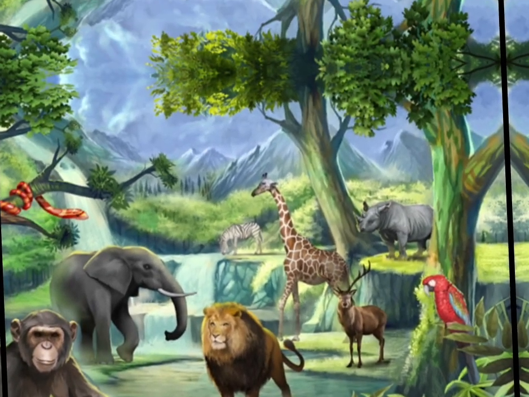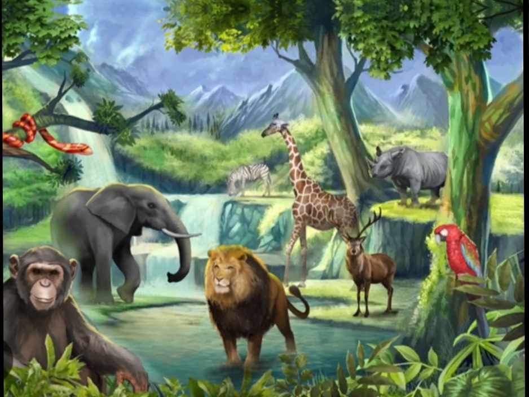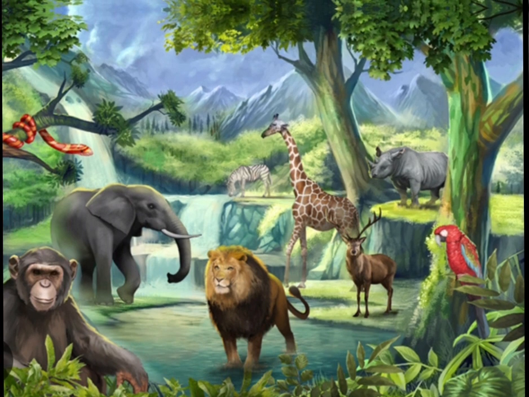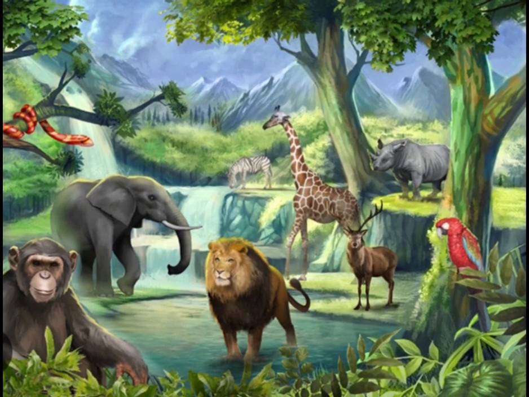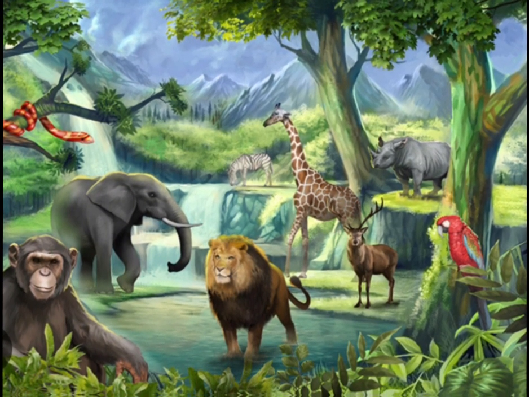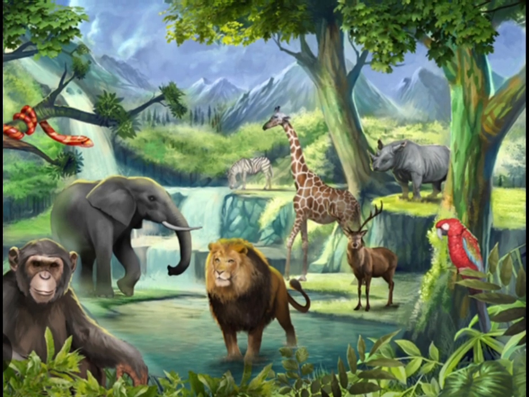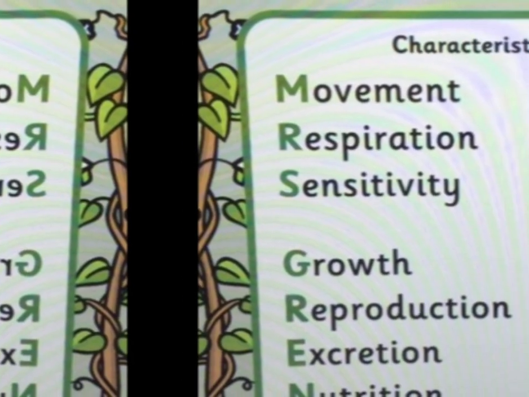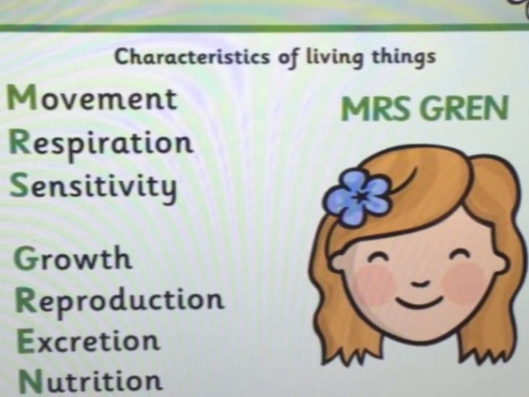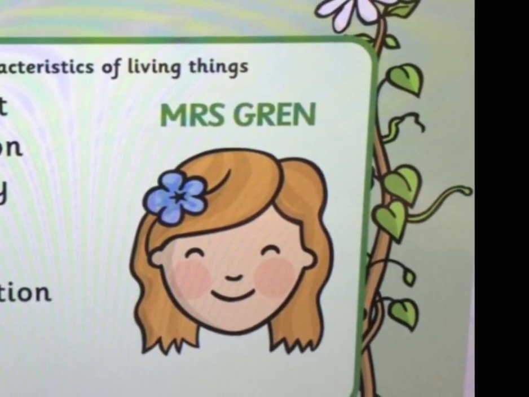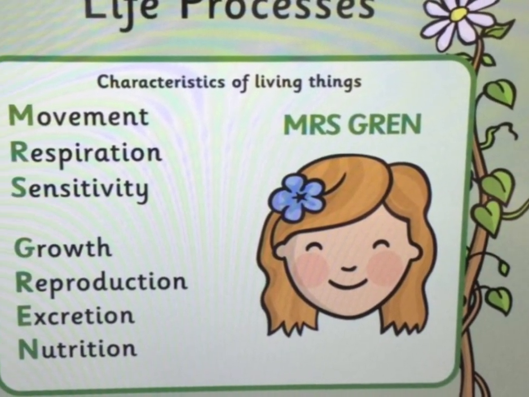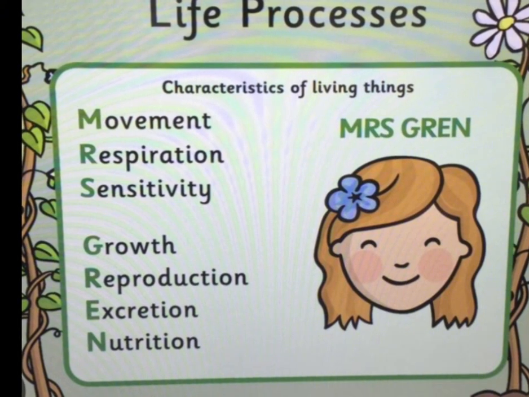Examples of living organisms are human beings, animals such as elephant, lion, zebra, cattle, birds, insects, trees, plants, bacteria, fungi, etc. In order to summarize the characteristics of living organisms, you just need to memorize the acronym Mrs. Granny.